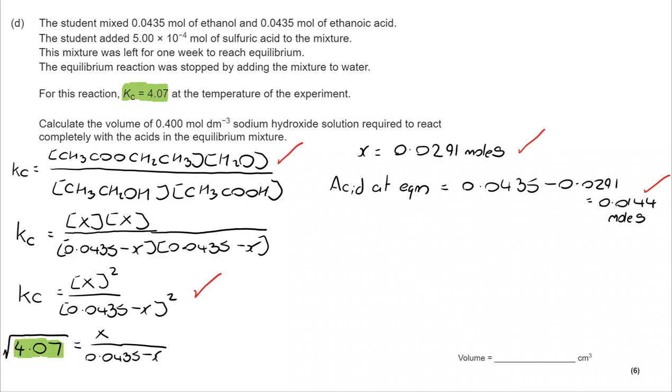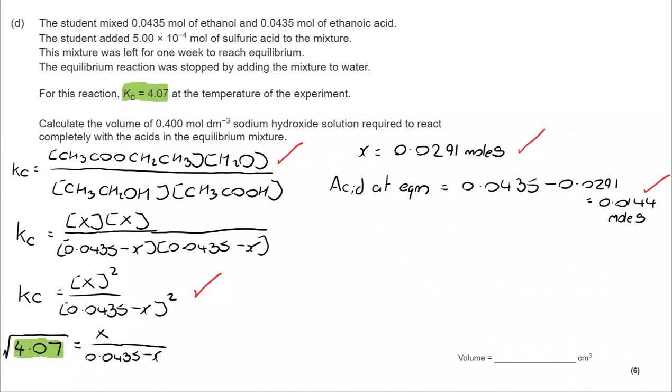Well, if I then rearrange this, I can say that Kc is equal to x squared over (0.0435 take away x) squared. I also know what the Kc value is, so I can now square root all aspects of it. And I can see that my root of 4.07 equals x over 0.0435 take away x. We can do some rearranging there. And when we rearrange, we can see that x comes out as 0.0291 moles.